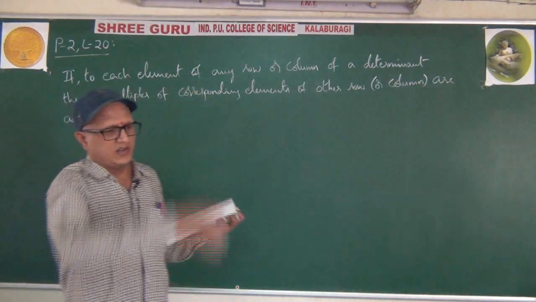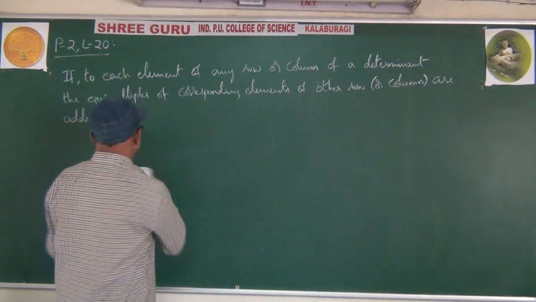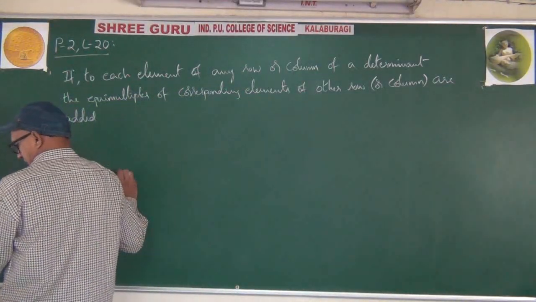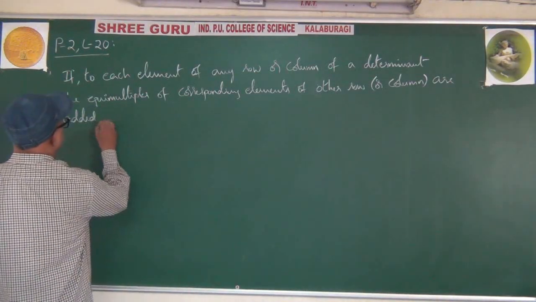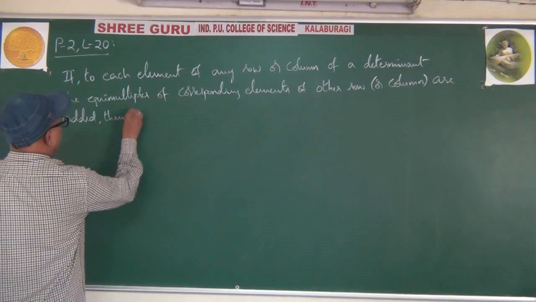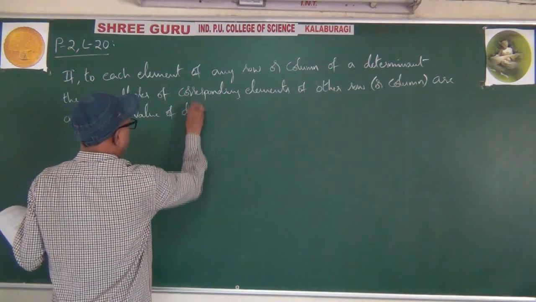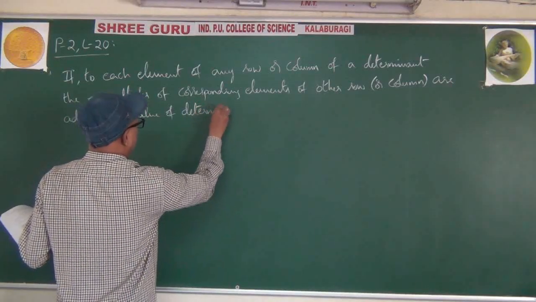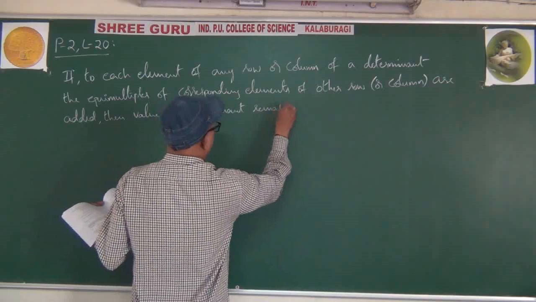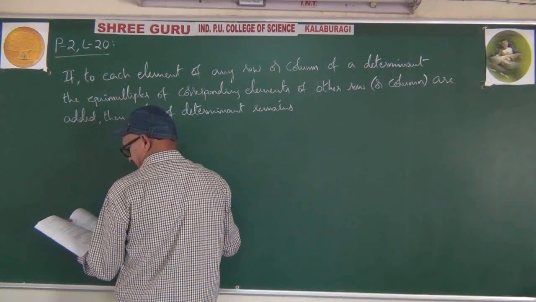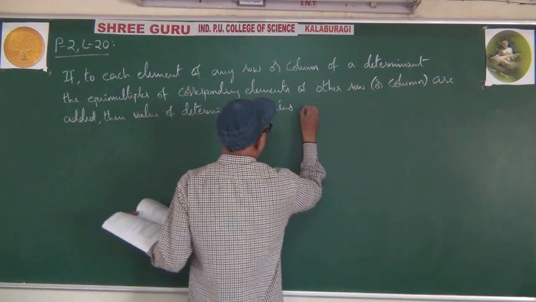Appearance is very big. Already in elementary operations we learned how to do this. If a multiple of one row is added to another, then the value of the determinant remains the same.